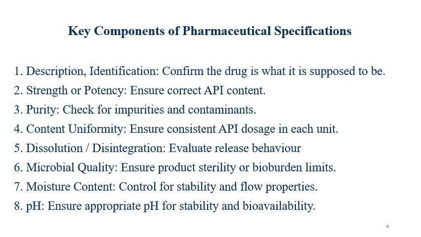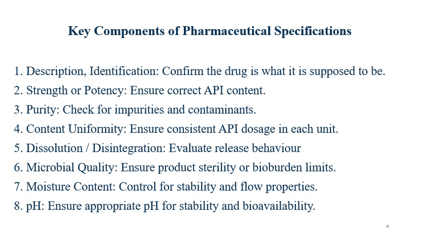For example, you are making a tablet of aspirin. So first identification will be there. The identification test will confirm whether the given powder is aspirin or not, or whether the tablet is of aspirin or not.